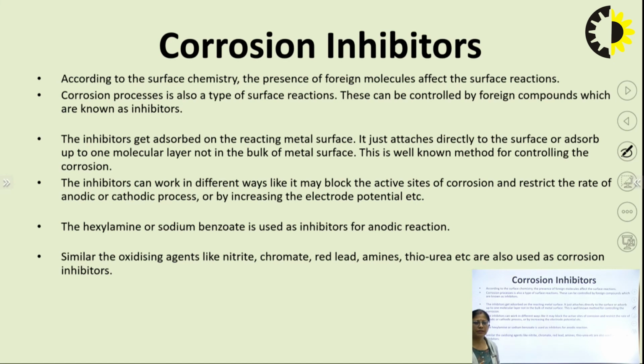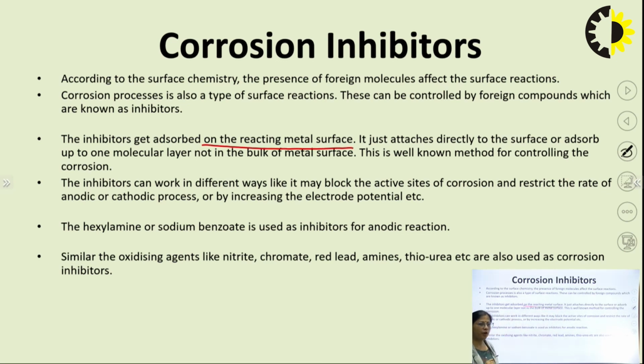Corrosion inhibitors. Now, according to surface chemistry, the presence of foreign molecules affects the surface reaction. So corrosion is also a type of surface reaction. Here, it can be controlled by foreign compounds which are known as inhibitors. I've already discussed that inhibitors get absorbed on the reacting metal surface.